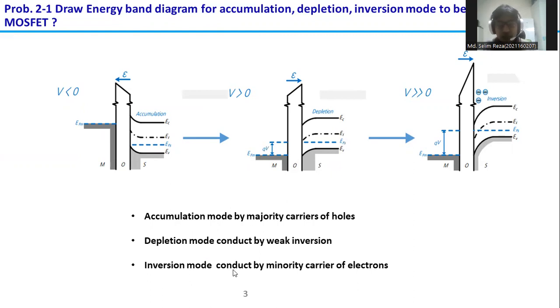And for the inversion mode, it is conducted only by the minority carrier, the electron. So there will be more inversion of the minority carrier electrons, and it will also tilt like this, with the bending in this direction.